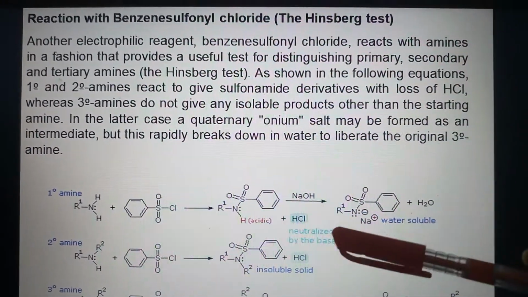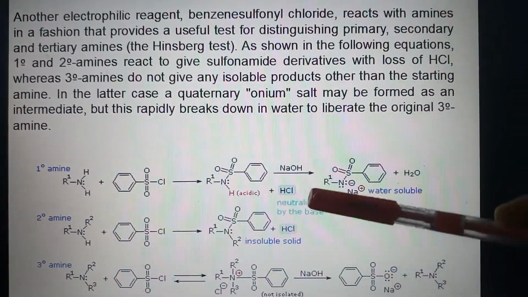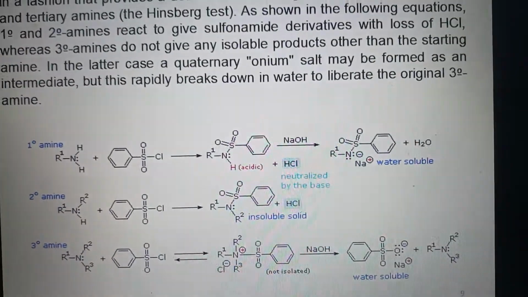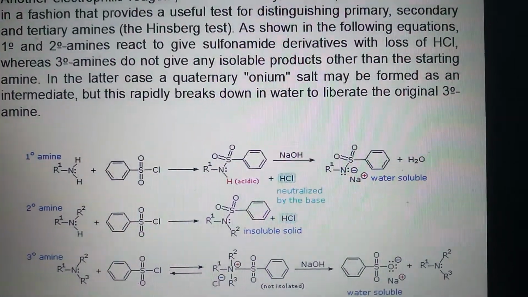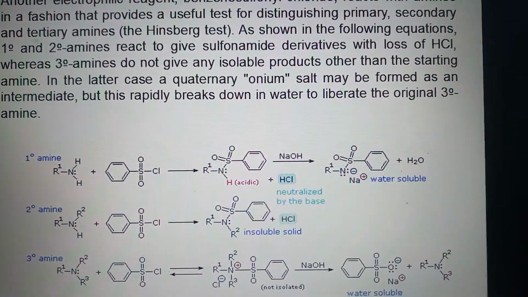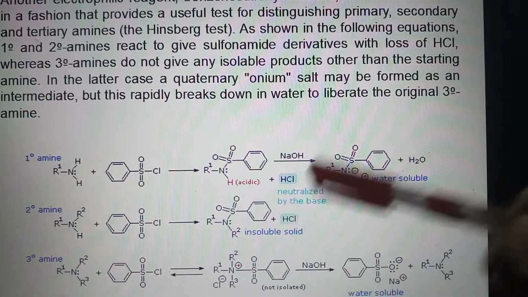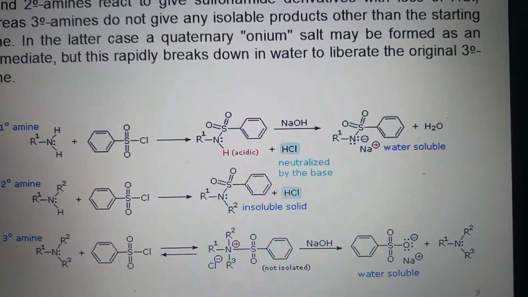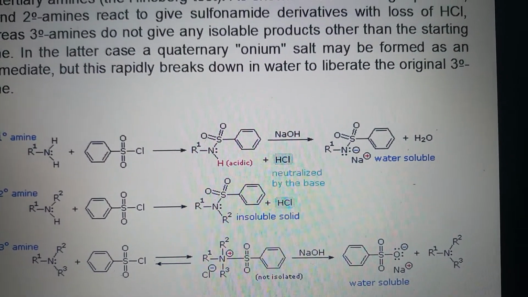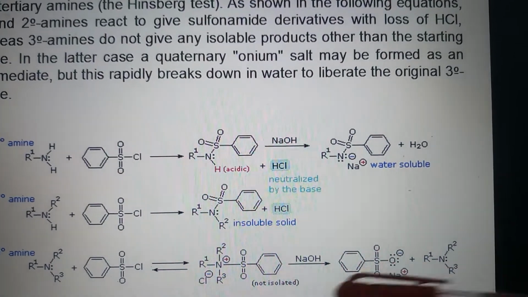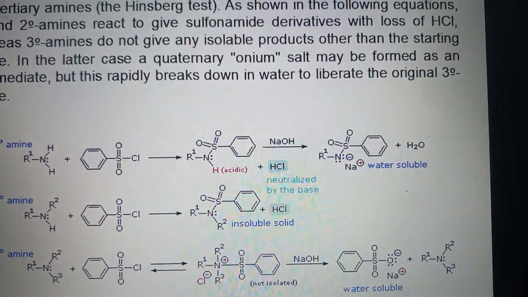You can see in the following equation that 1 degree and 2 degree amines react to give sulfonamide derivatives with loss of HCl in both cases, whereas 3 degree amines do not give any isolable product other than the starting amine.